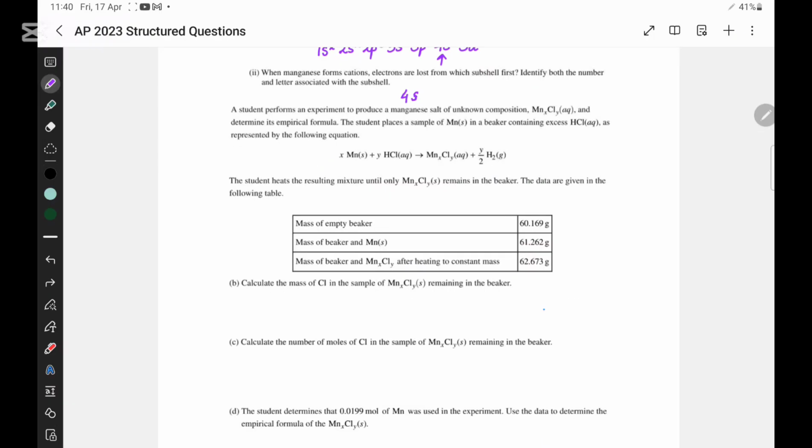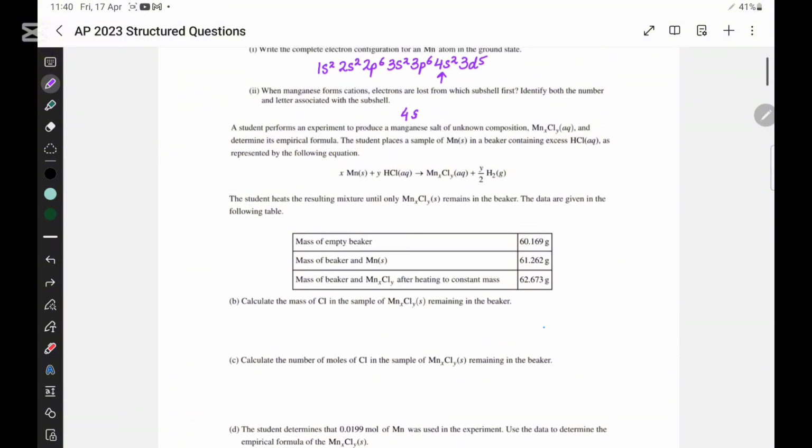So the next question says a student performs an experiment to produce a manganese salt of an unknown composition, MnXCl, and determine its empirical formula. The student places a sample of manganese in a beaker containing excess HCl. So we have a beaker in which there is HCl present in excess, and you are adding manganese.